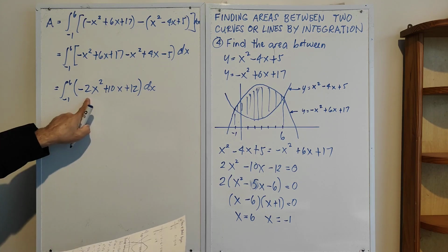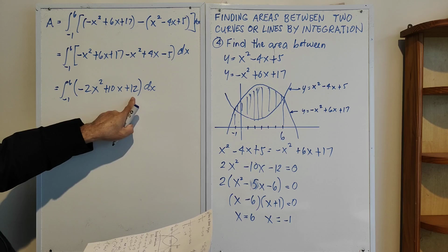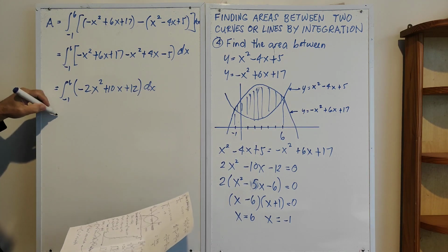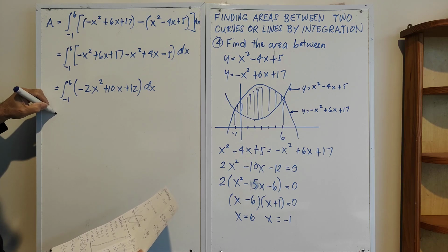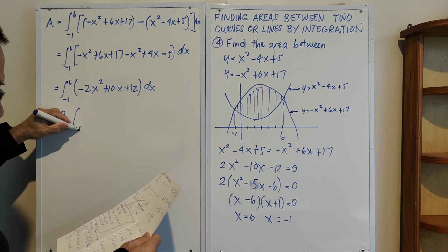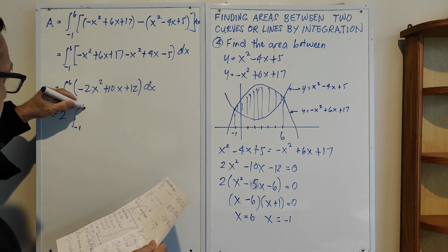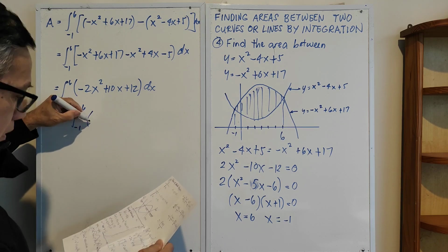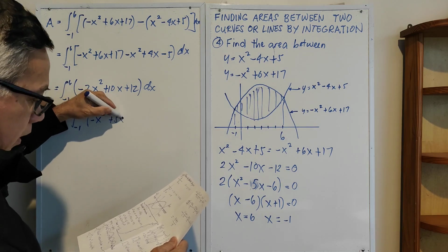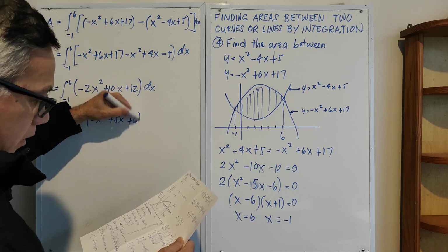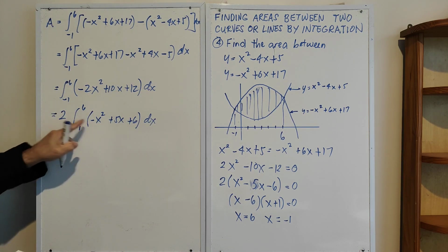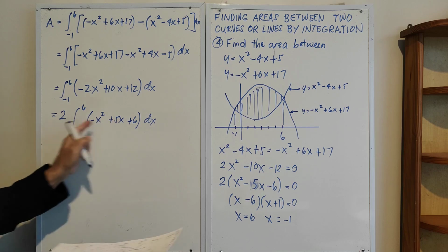We can factor out 2 because it will be redundant. So 2 times the integral from negative 1 to 6 of negative x squared plus 5x plus 6. We don't have to factor out 2, but it will be easier to compute.